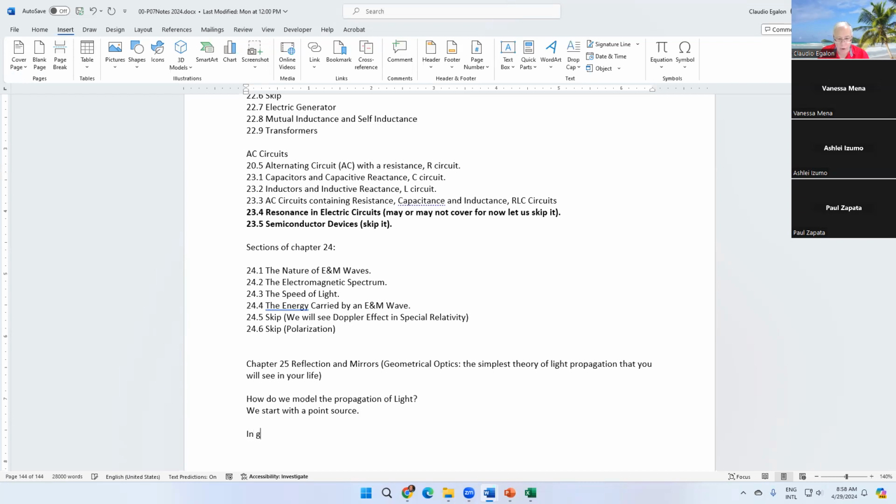All right, going back here, we start with a point source. In geometrical optics, we postulate that light propagates in straight lines.